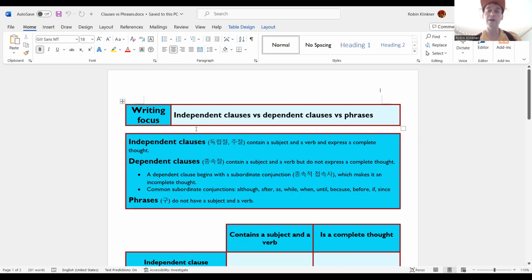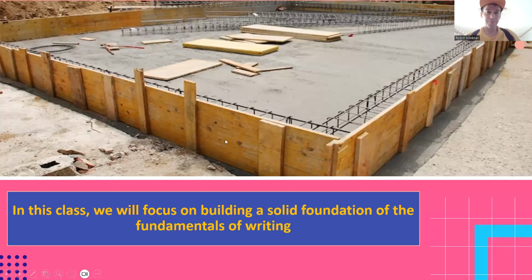Just know that the information that's in the slide is also contained in this handout. And actually in this handout is an activity that you will also do. So let's go back to the PowerPoint presentation and let's begin.